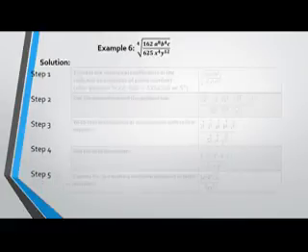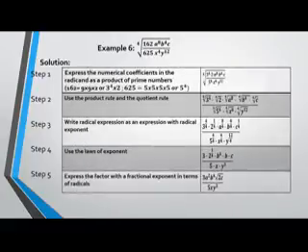Example. With an expression of the fourth root of 162 a^8 b^4 c all over 625 x^4 y^12. So let's go to our solution. Our step 1 is to express the numerical coefficients in the radicand as a product of prime numbers.